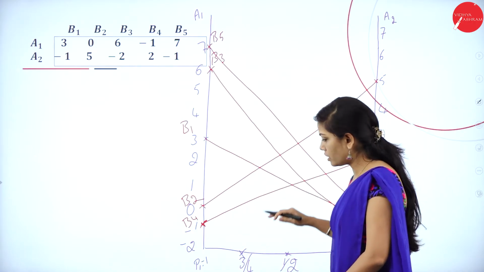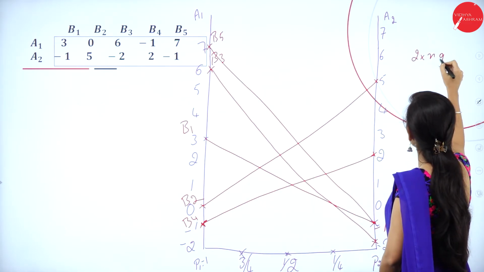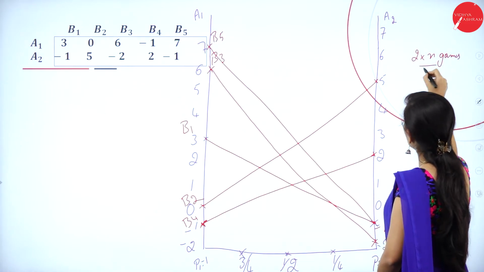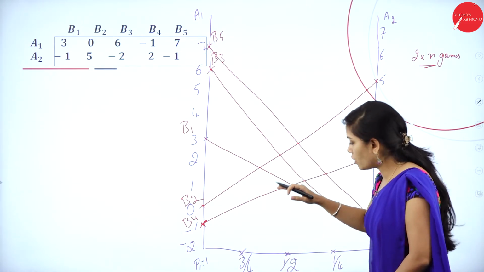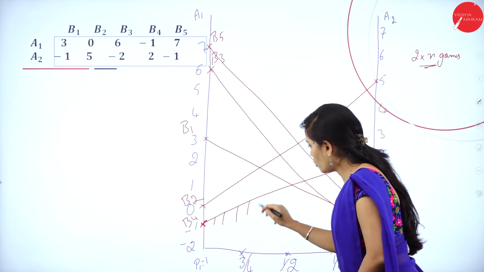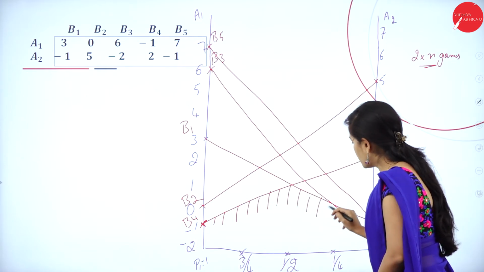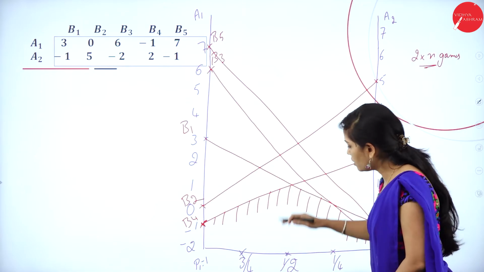Highest point on the lower bound, because it is 2 cross n games. 2 cross n games means you have to select the highest point on the lower bound. So this is the lower bound. This area is the lower bound and select the highest point, that means the maximum point on the lower bound.